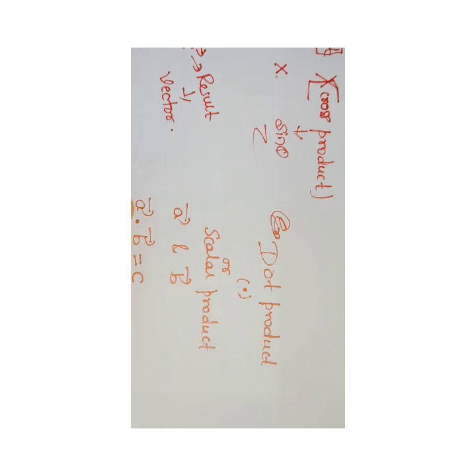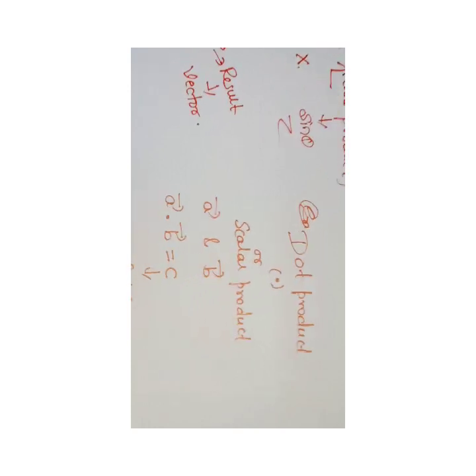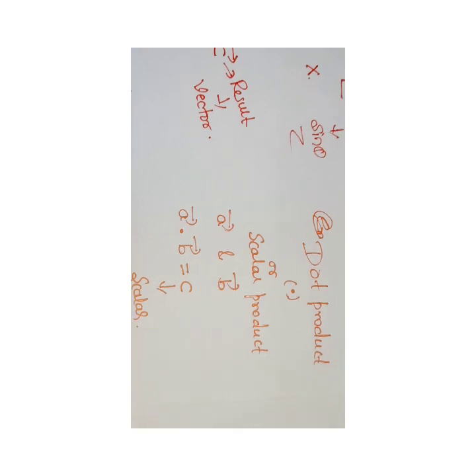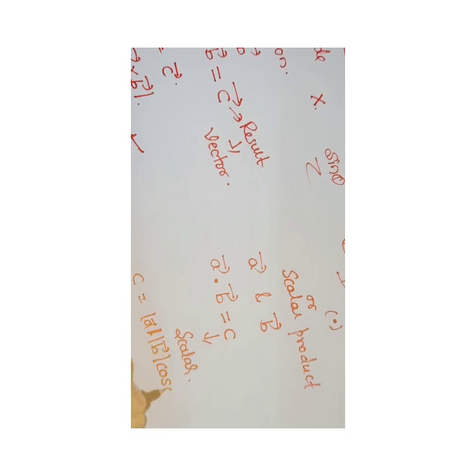Multiplying two vectors, but if the result is a scalar, then such a product we call a scalar product. So how to expand the scalar product now? C equals mod of vector A, mod of vector B into cos theta.